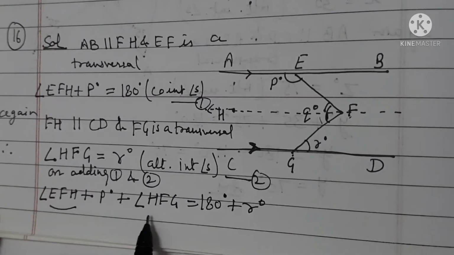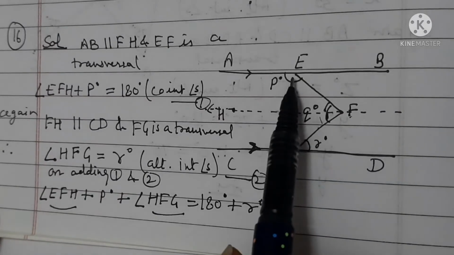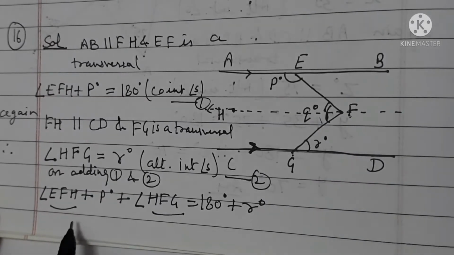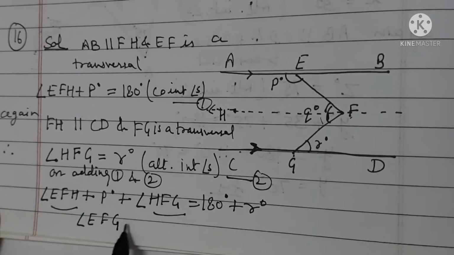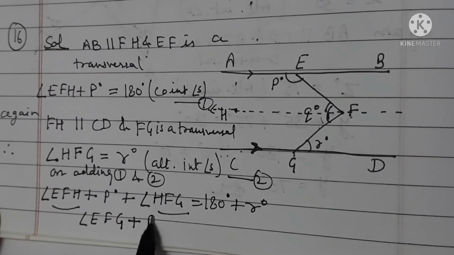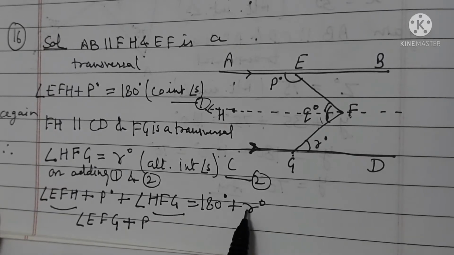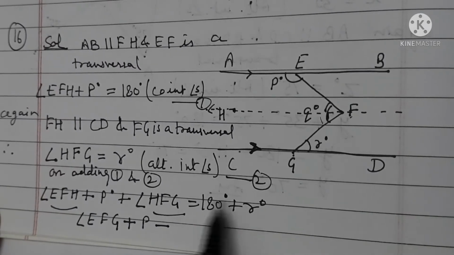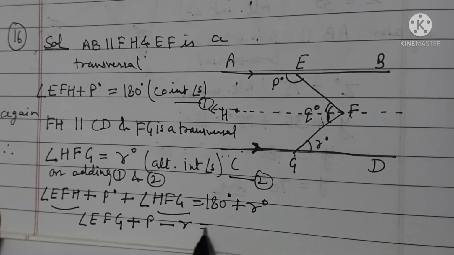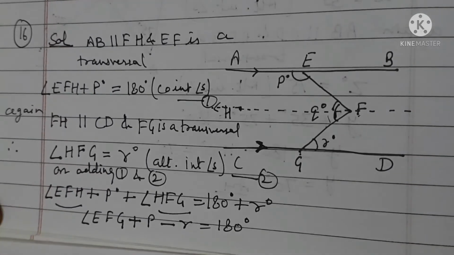Now the sum of these two becomes this complete angle, EFG. So angle EFG plus P, and this you can take to the left side, minus R, is equal to 180 degrees. And what we have to prove?